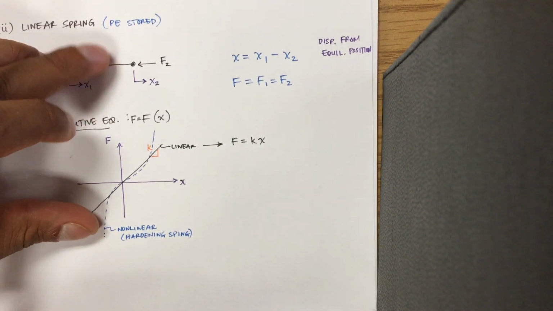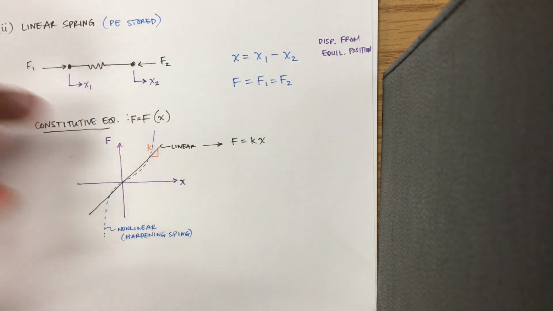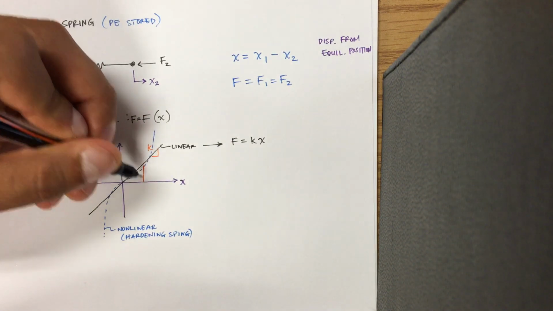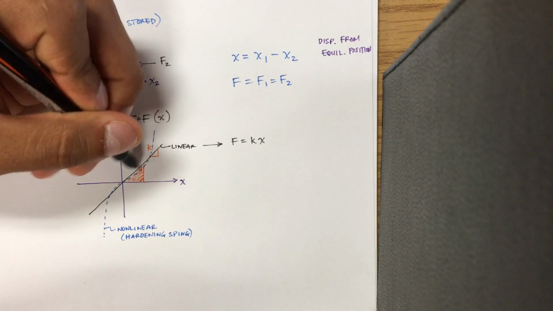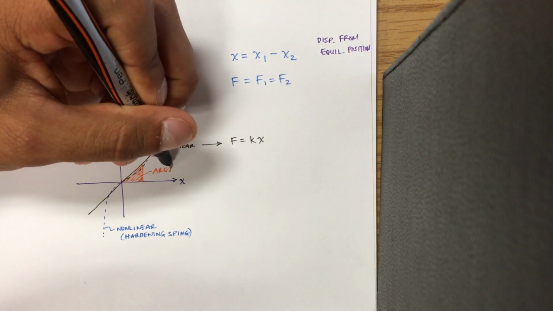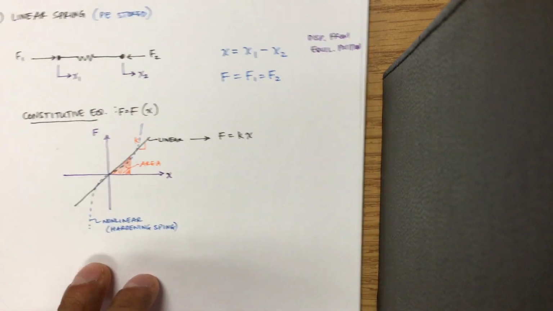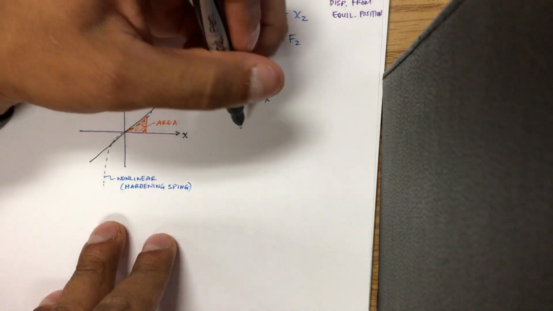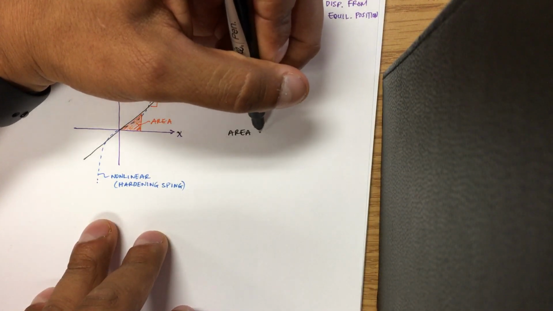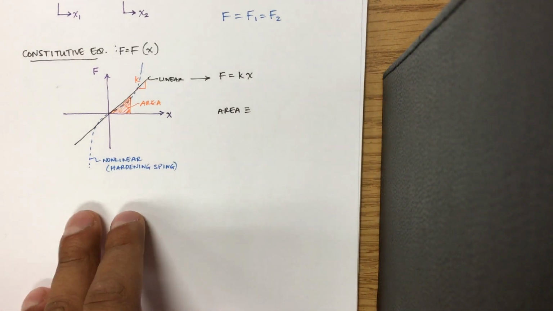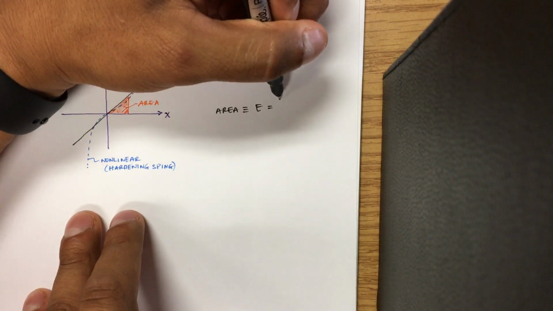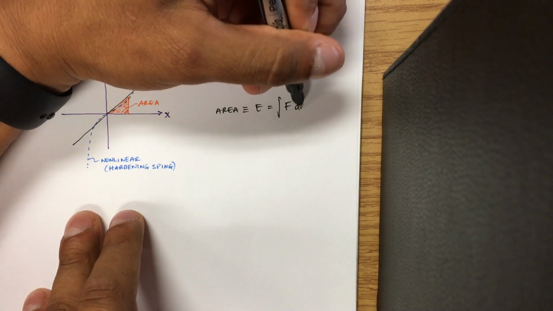Now, I mentioned that this has some potential energy stored, and the way we can calculate that energy storage is by looking at the area under the curve. So let's say we just look at this section of the curve, look at this area. Let me make a note of it off to the side, that the area is analogous to the stored energy, which can be calculated as the integral of the force times the distance, dx.